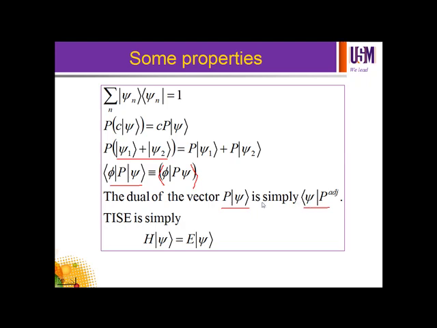So you can see that P changes to adjoint P, while psi here is changed from a ket vector to a bra vector. And remember that when psi is in a bra vector, it should be conjugated.